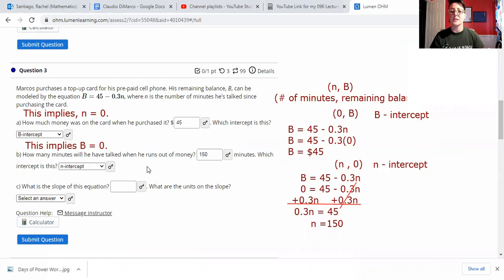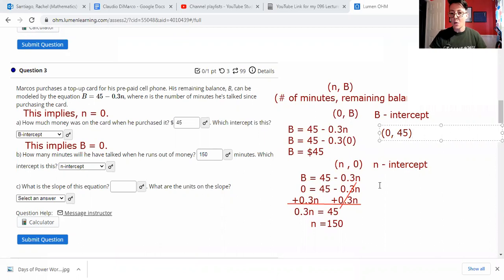The very last piece here is, what is the slope of this equation? One of the things to consider at this point is we can look at the formula and identify that it's actually in slope-intercept form. Or we can take the two ordered pairs that we have, which are, and I'm going to write these out clearly. Our first ordered pair is the B-intercept, which is 0, 45.